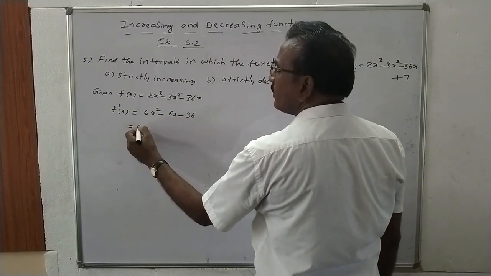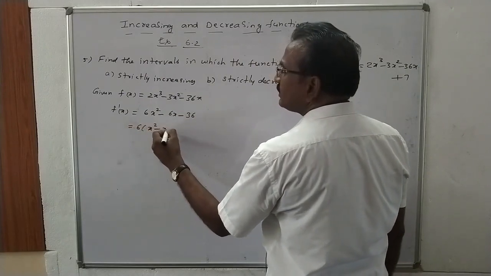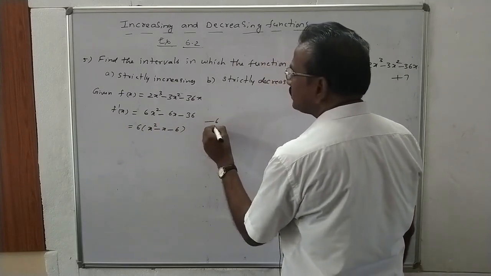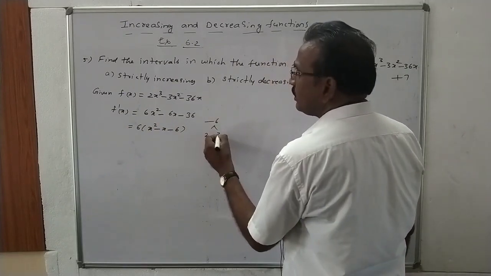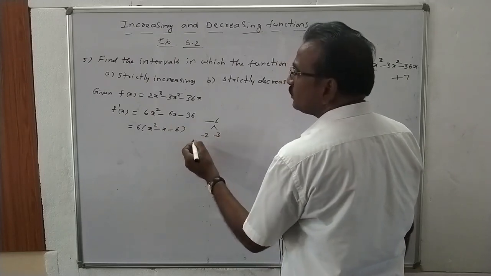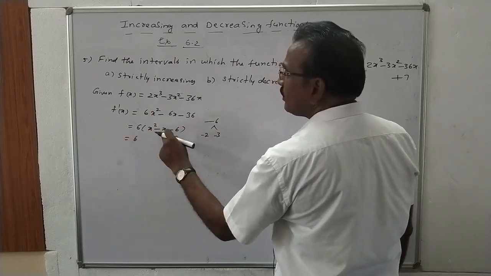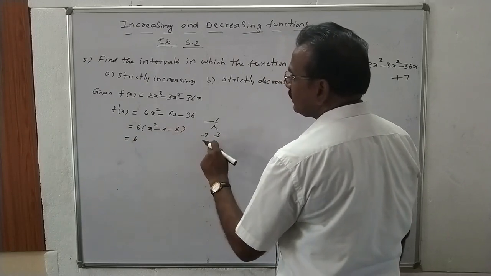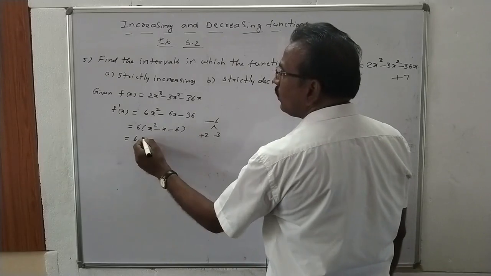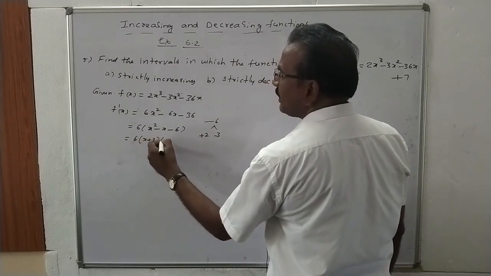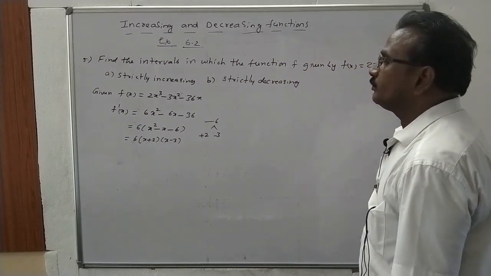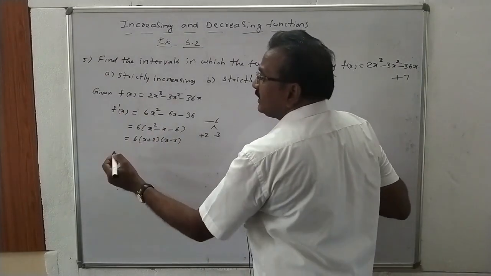Here take 6 common, x square minus x minus 6. So factors of minus 6, 2 threes are, middle term sign is negative, biggest is negative, smallest is positive. So therefore 6 into x square minus x minus 6, the factors are x plus 2 into x minus 3. So this is f dash x.